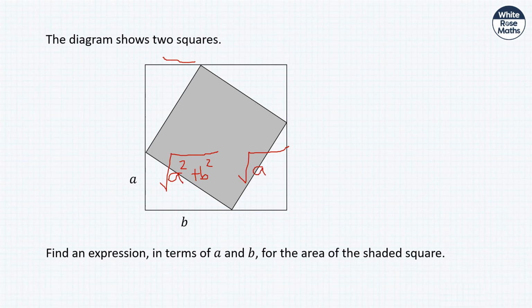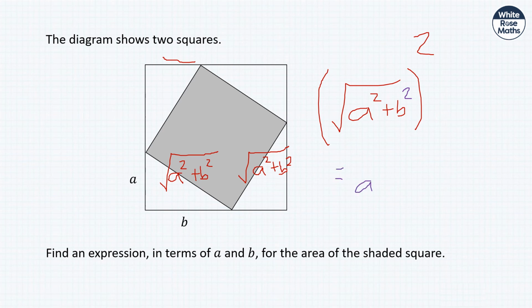The area of the shaded square will be length times length. So if I have the square root of A squared plus B squared, all squared, the square root and the square cancel, leaving me with the expression A squared plus B squared, guys. So that will be my final answer.